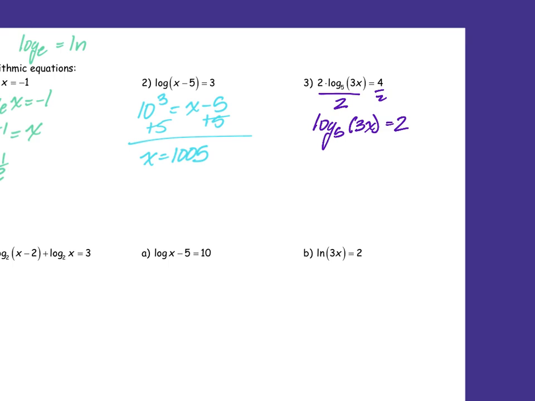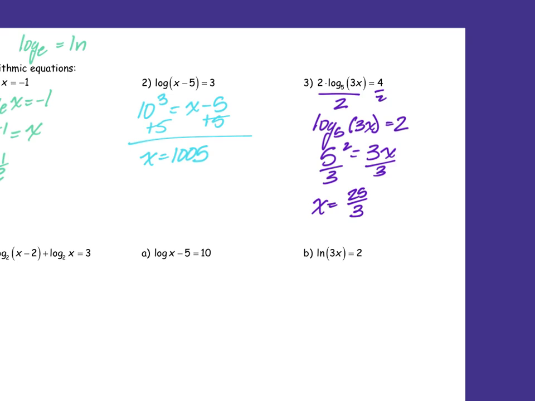No, we're okay? Okay, so divide by 2. Now I have a log by itself, so I can go ahead and switch it to an exponential function. So I have 5 squared equals 3x, and then I'm going to divide by 3. So x is going to equal 25 thirds. That was ugly.